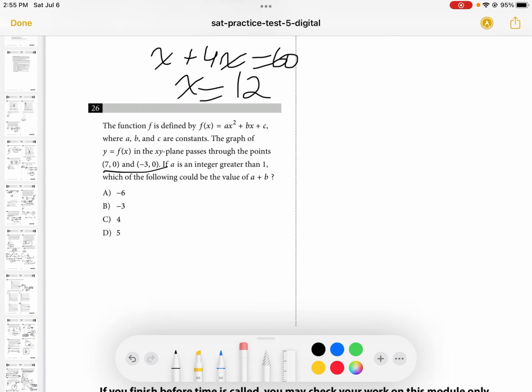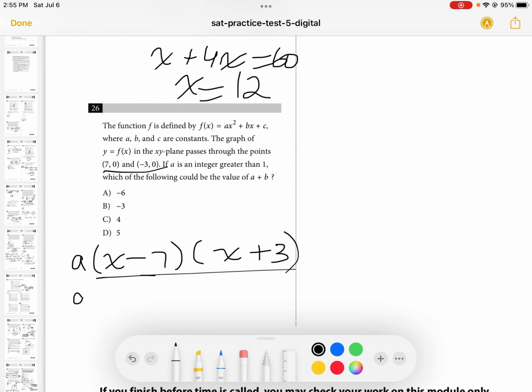So our function will be of the form a times x minus 7 times x plus 3. And when we multiply this out, we get a times x squared minus 4x minus 21.